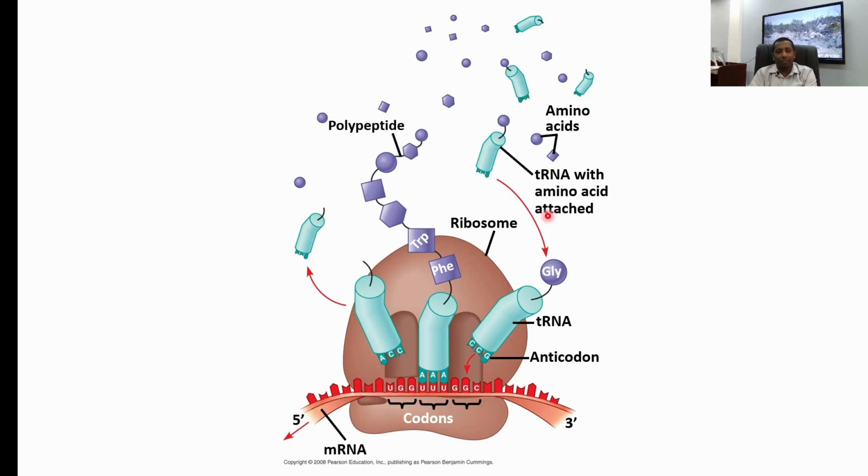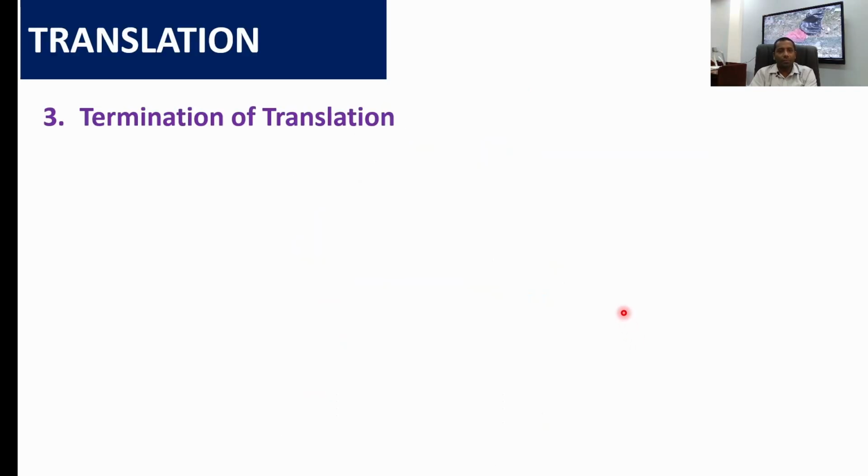As the ribosome reads the mRNA molecule, amino acids are added to the polypeptide chain until it reaches the end or stop codon. So the last stage is the termination.